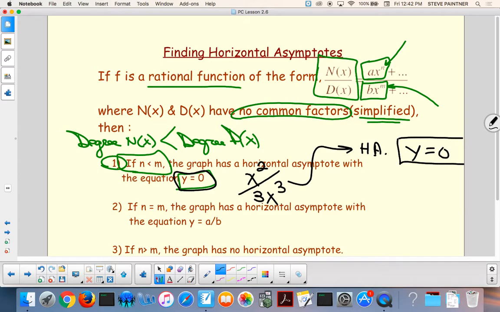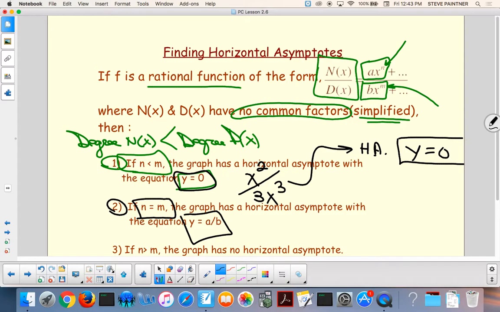Okay? The next one says, number 2, if the degree of the numerator is equal to the degree of the denominator, the graph has a horizontal asymptote with the equation y equals a over b. Where do you find a and b? Right there. What are they called? The leading coefficients, okay?